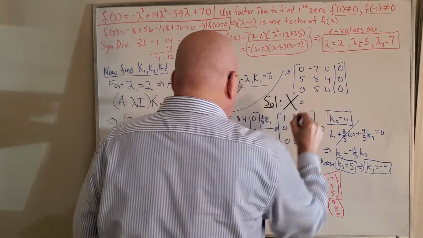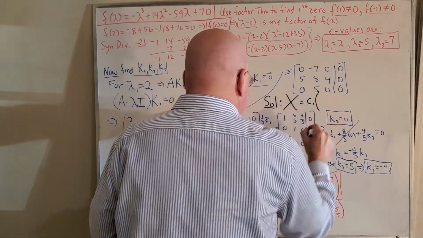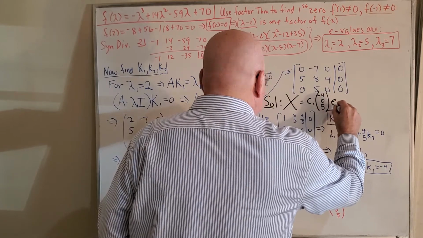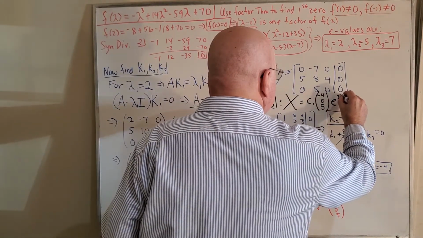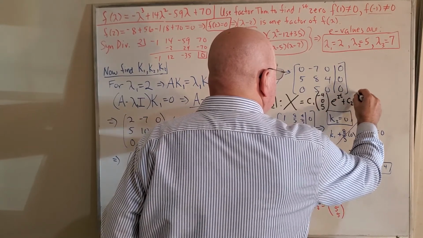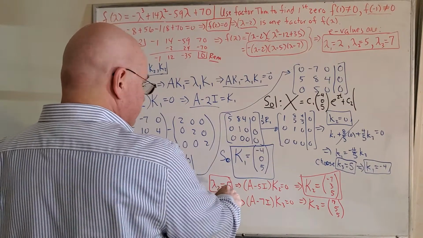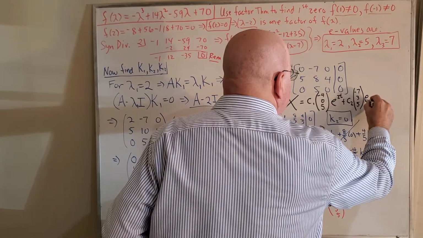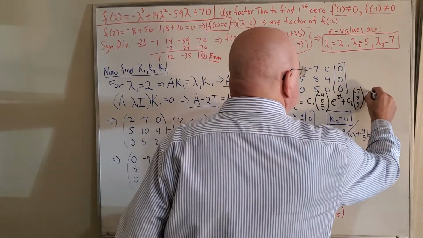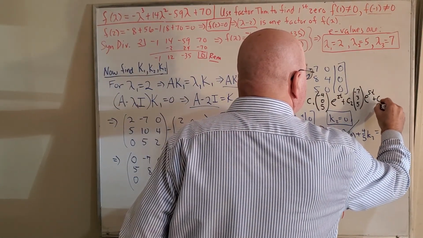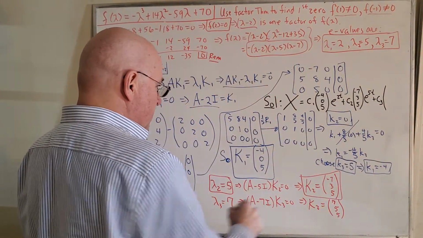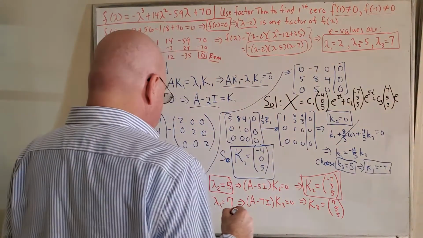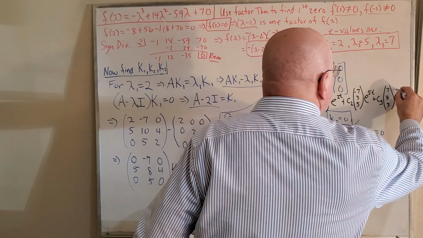X is equal to a constant times K1, which for us is negative 4, 0, 5, e to the lambda, which was 2t, plus C2 times K2, negative 7, 3, 5, e to the lambda 2, 5t, plus C3 times K3, which is 7, 5, 5, e to the lambda 3t, and lambda 3 is 7. Oops, 7t.